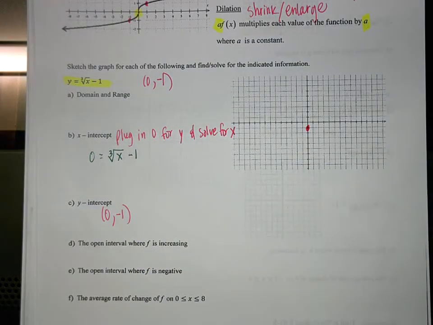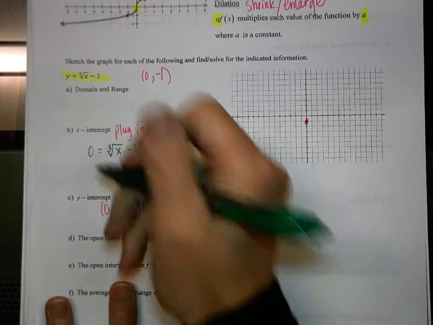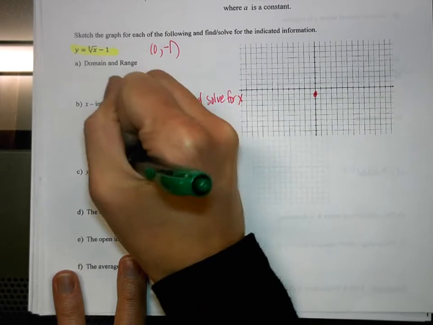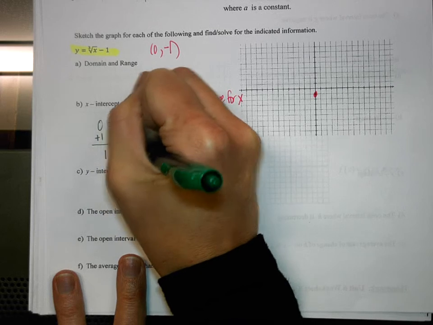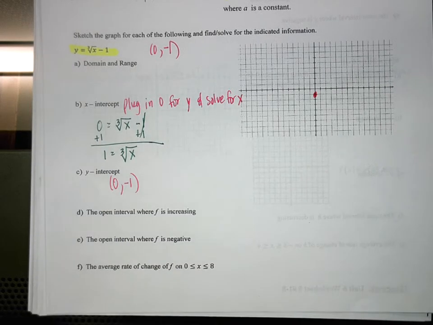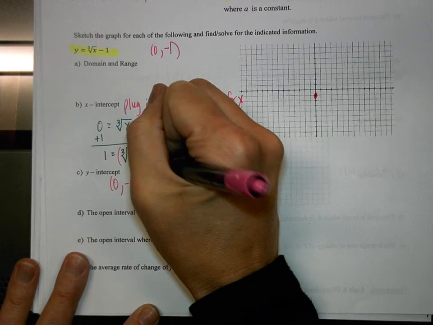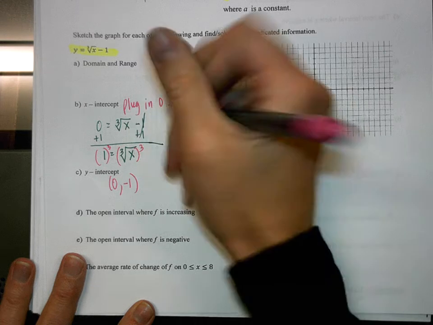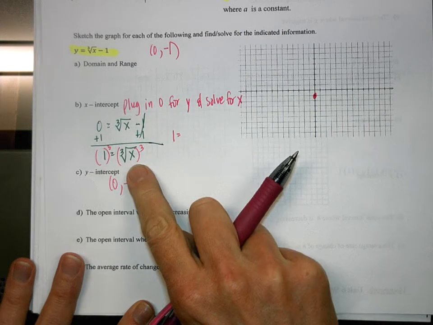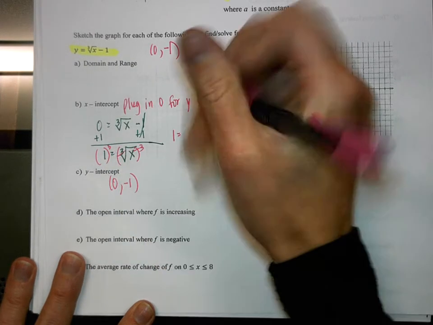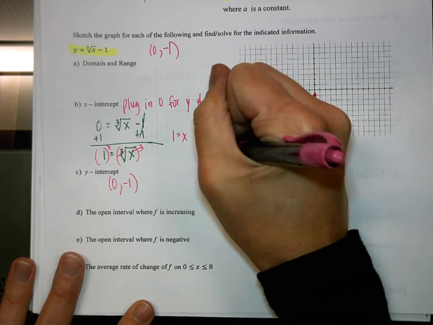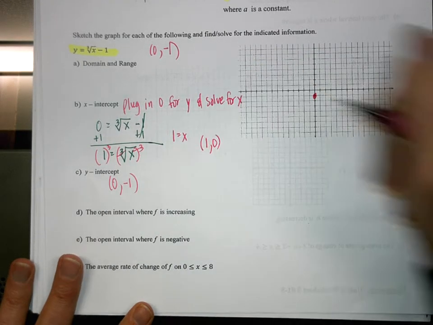We want to get that root by itself, so I add 1 to both sides, and I have 1 equals the cube root of x. In order to get rid of a cube root, you have to cube both sides. 1 cubed is 1, and when you cube the cube root, it just gives you x. So my x-intercept for this equation is (1, 0).